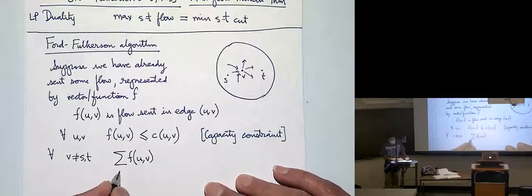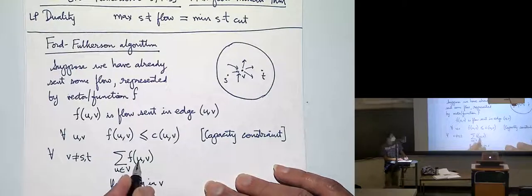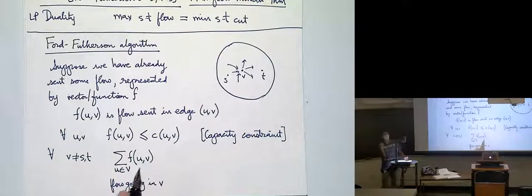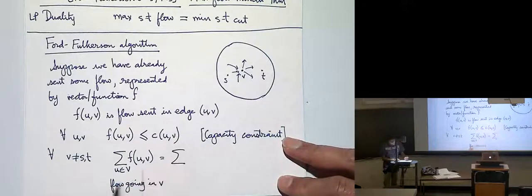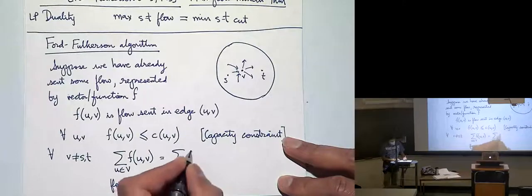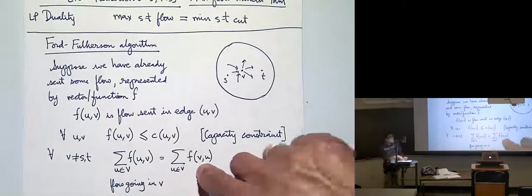The sum over all vertices u of f_uv, which is the flow going into v, because I'm summing from all vertices into v, is equal to the sum over all vertices of f_vu, which is the flow that goes from v to that vertex.